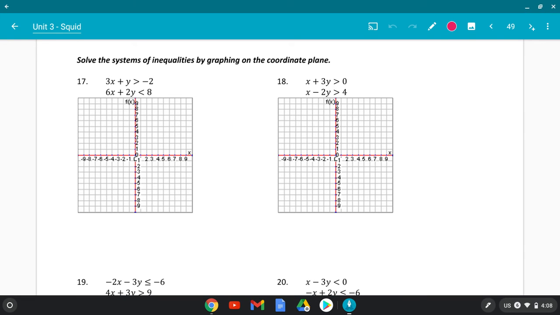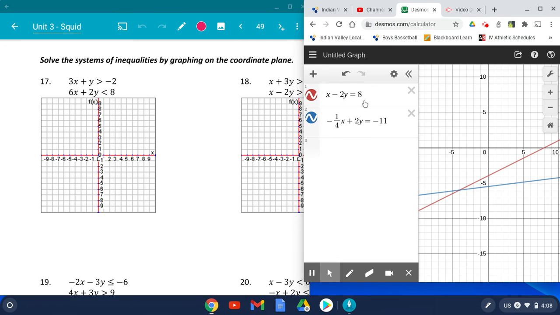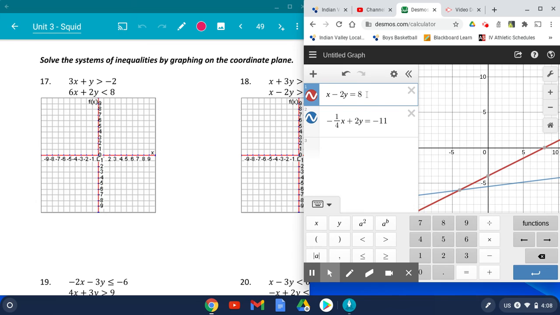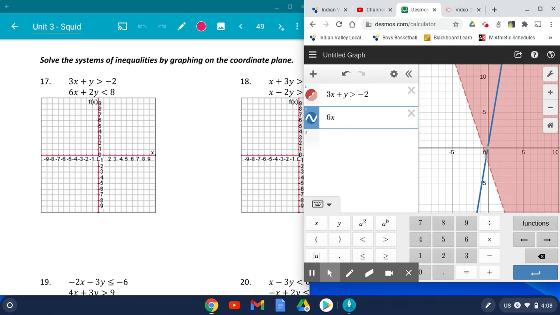Going to be doing inequalities, and again, I think I'm going to use my handy dandy calculator here. Let's go 3x plus y is greater than negative 2. And then 6x plus 2y is less than 8.